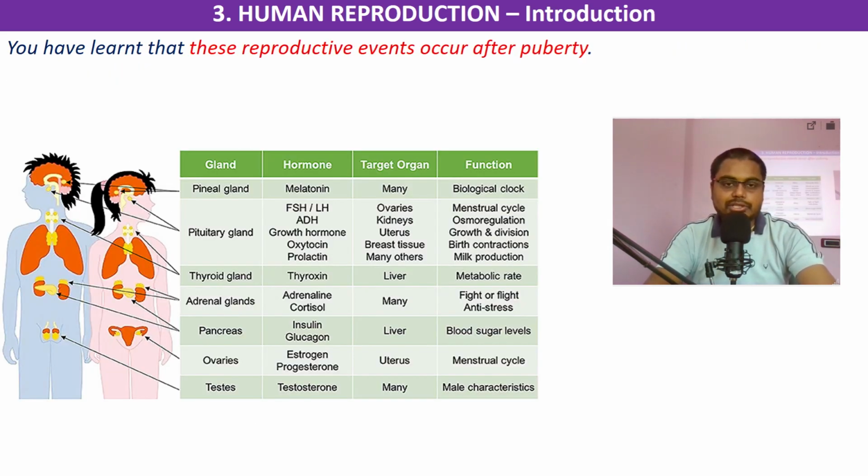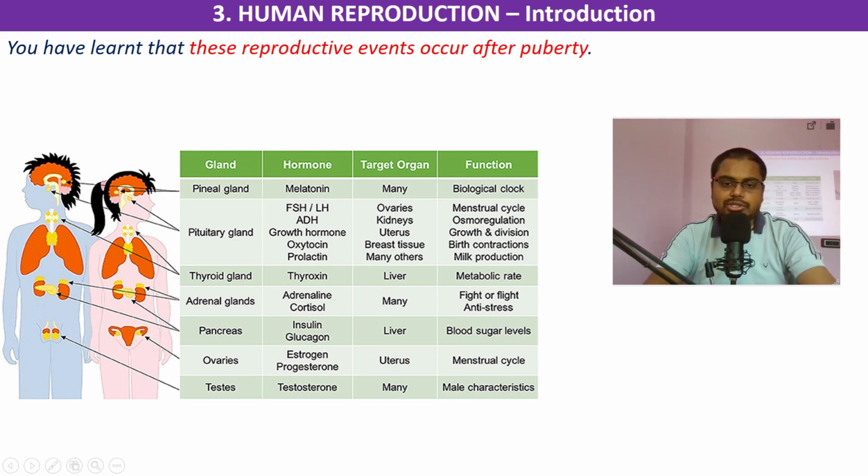You have learned that these reproductive events occur after puberty. अच्छा, अब puberty जो है basically this is the sexual maturation of a human being. ठीक है, तो puberty के बाद क्या क्या होता है? So there are different glands which secrete different hormones.